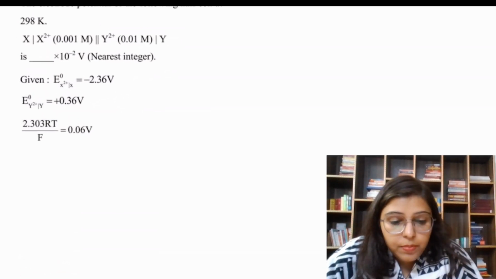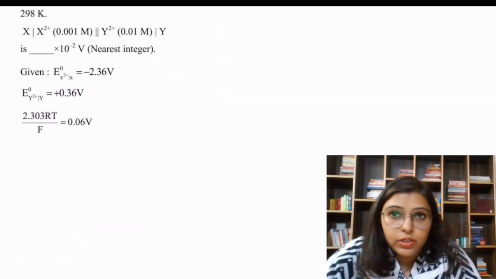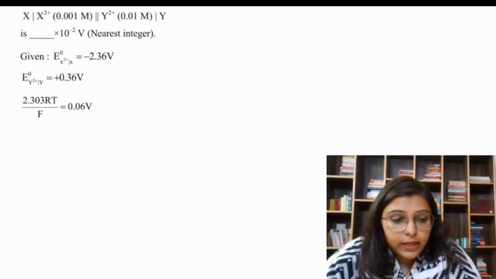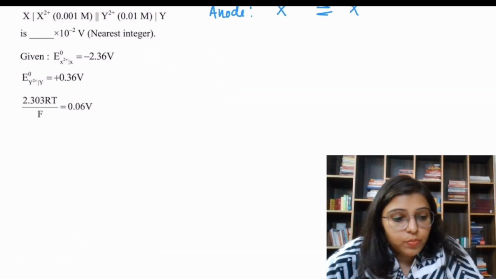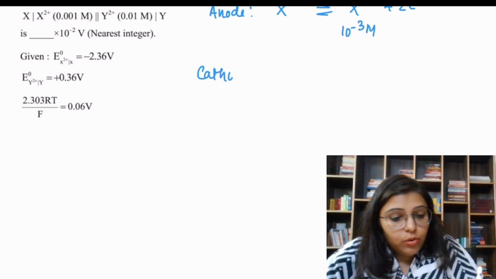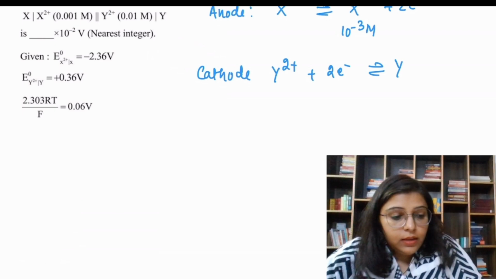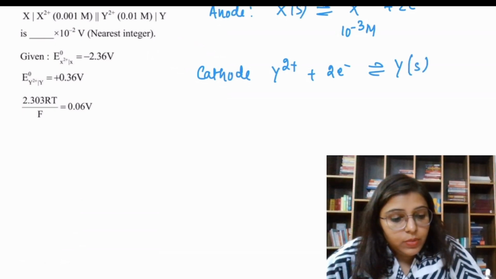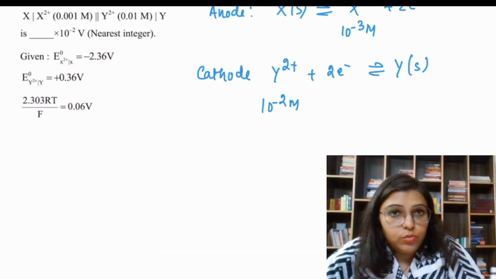If we see this question carefully, let's write down the information. At anode, we can write X gives X2 plus plus 2 electrons, and here the concentration is 10 to the power minus 3 molar. And at cathode, we can write Y2 plus plus 2 electrons converts to Y solid, and Y2 plus concentration is 10 to the power minus 2 molar.